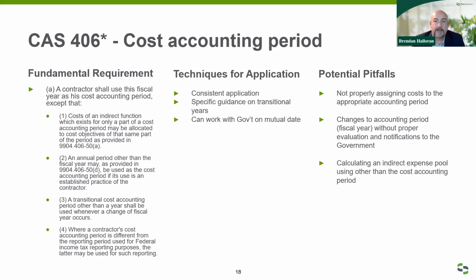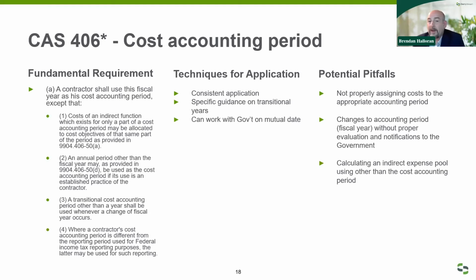Again, we've seen folks who, you do have the latitude to adjust your accounting period, but be sensitive that there may be prior notification or approvals or agreement needed with the government. Certainly something that you would want to kind of socialize with your contracting officer.